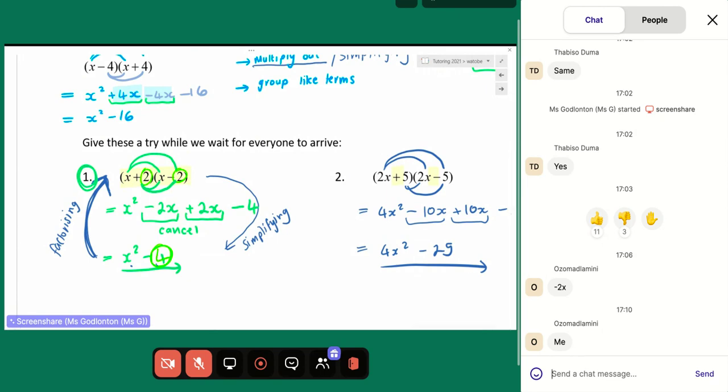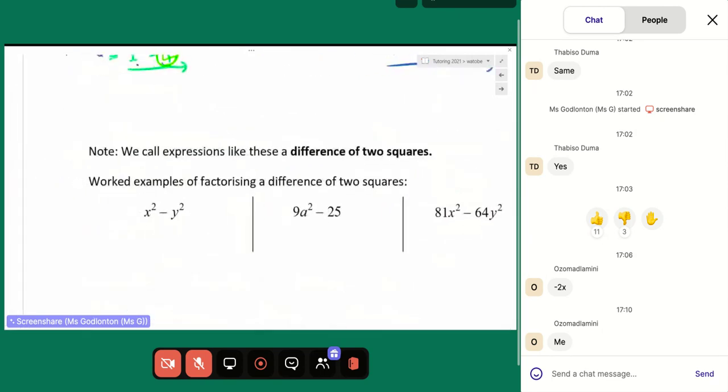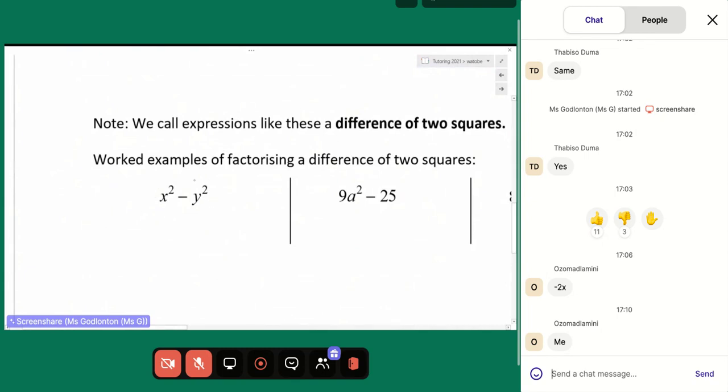Do you think you could apply that pattern to this? If I wanted to do difference of squares there, what do you think you would see in these two brackets?